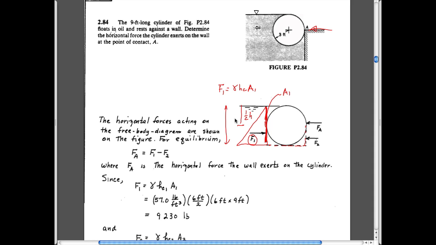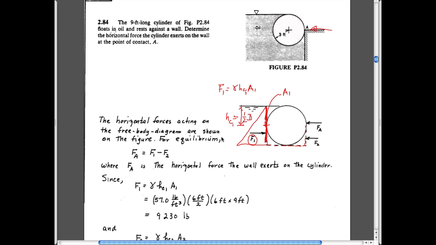Well, let's not call it half h. Let's call it half the diameter, because then it makes sense, right? This is the centroid of this plate, and therefore we can use this. So we have that force.